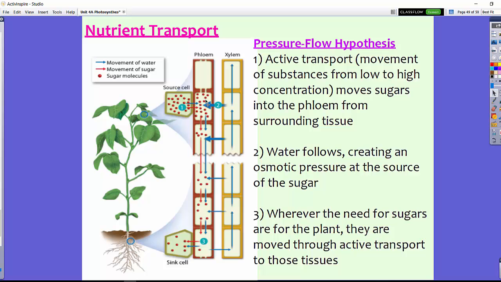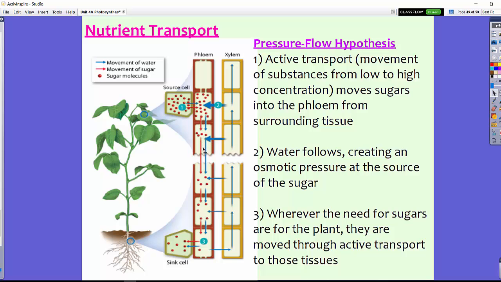So this is going to be active transport. Now, water is also coming from the xylem, and this creates osmotic pressure at the source of the sugar. So remember that osmotic pressure. This could be creating a hypotonic, hypertonic, or isotonic solution depending upon what's going on in the plant.